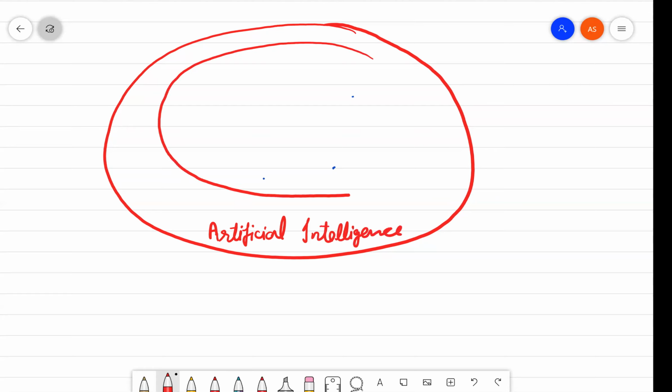Here is artificial intelligence. Machine learning is a subset of artificial intelligence.